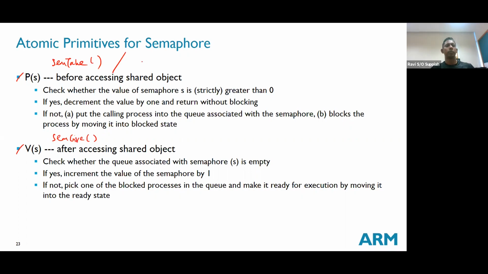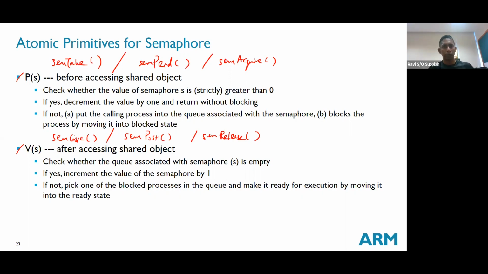In other cases, it might be Sem pend and Sem post. Another common terminology is Sem acquire and Sem release. Different OS might use different terms, but they all refer to the same thing.